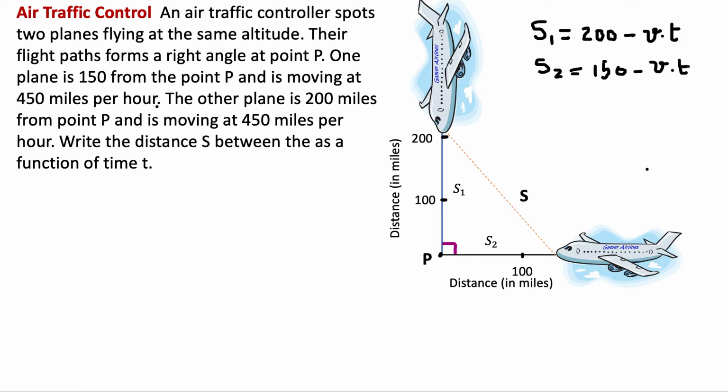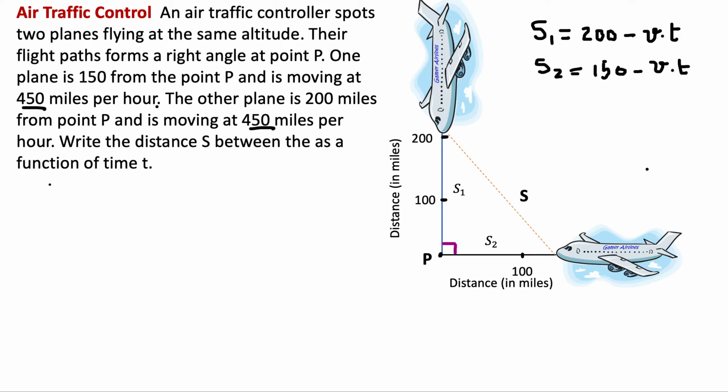Just for our information, we already know the first plane is 450 miles per hour and the other plane is 450 miles per hour. So v is the same, 450. But we have to find the distance s between the two planes. What is the distance s here?